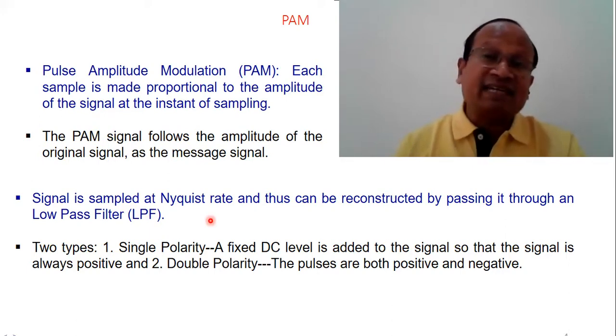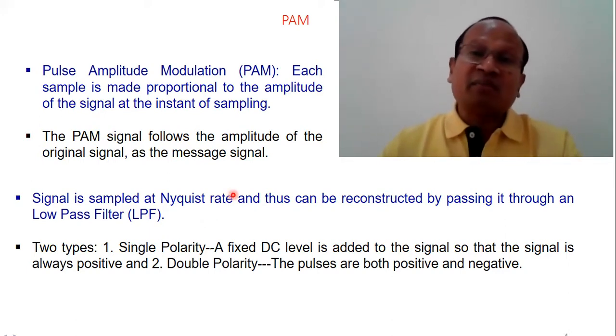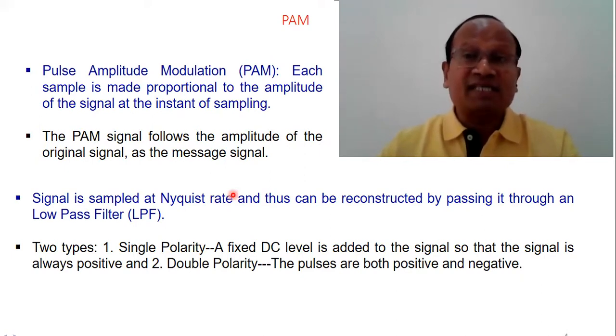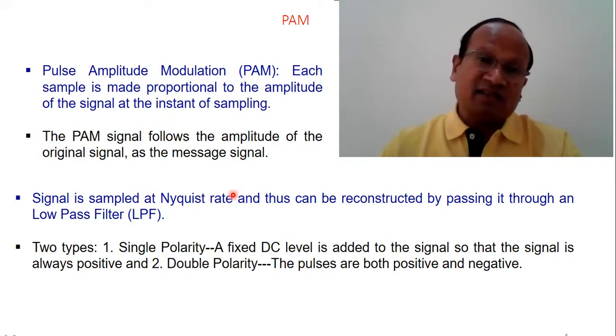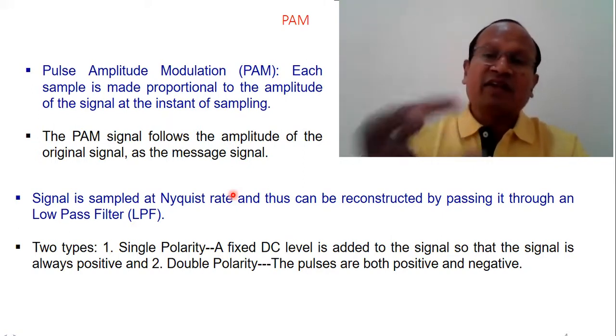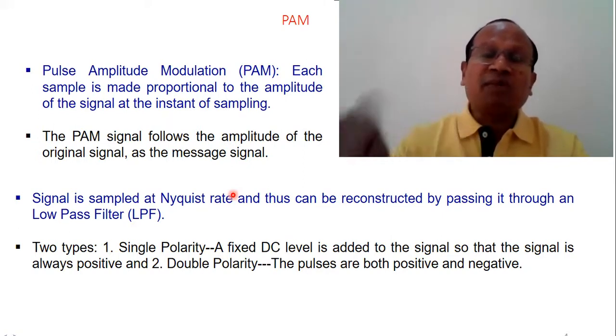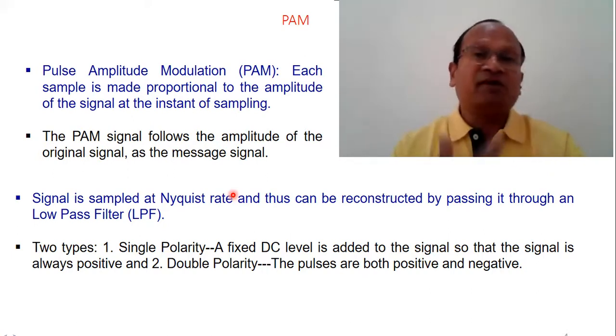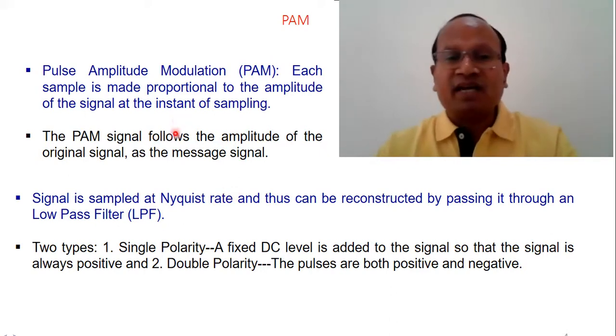The Nyquist rate suggests that the sampling frequency must be greater than twice the maximum message signal frequency, or the maximum frequency of whichever signal is being sampled.